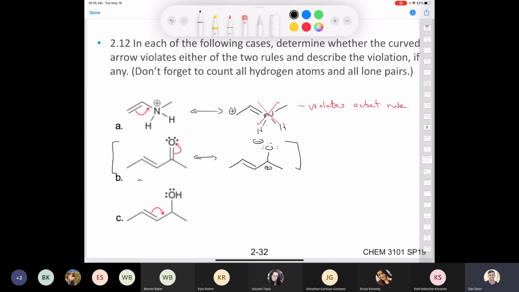Is there a violation in C? Yes or no? Anybody? Mackenzie says yes. Benjamin says no. I say there is a violation. Let me show you why there's a violation.